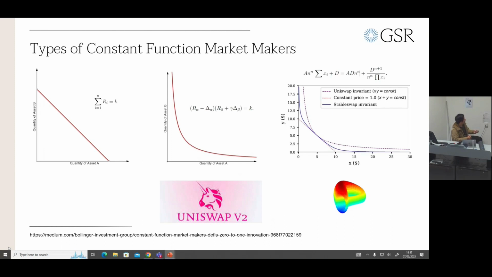Then we lost out on potential profit. And so this sort of constant function market maker isn't really too helpful.